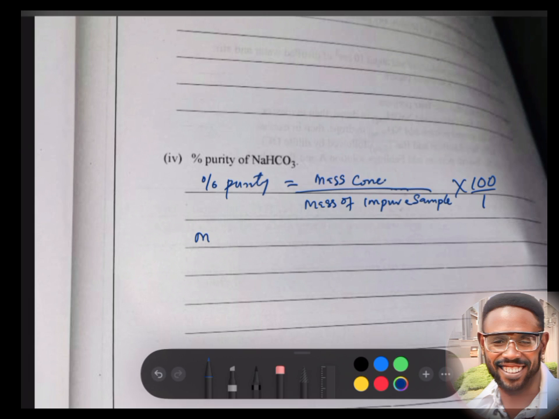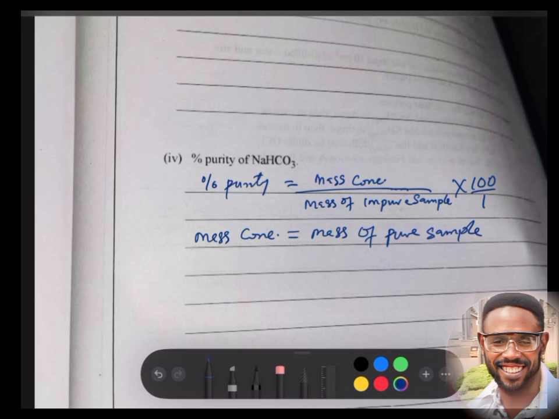So what's the mass concentration? Mass concentration is also the mass of pure sample, because the part that takes part in neutralization is the pure sample of the base. The base is the only thing that will react with the acid. It's just like if you mix sand and iron filings.